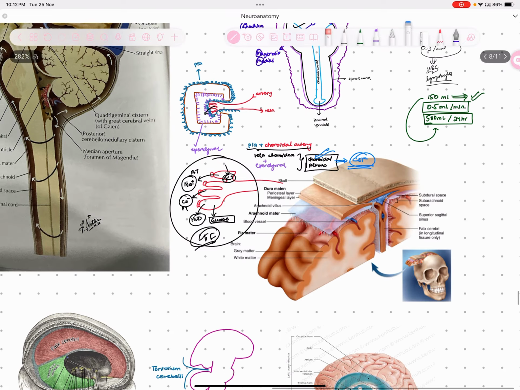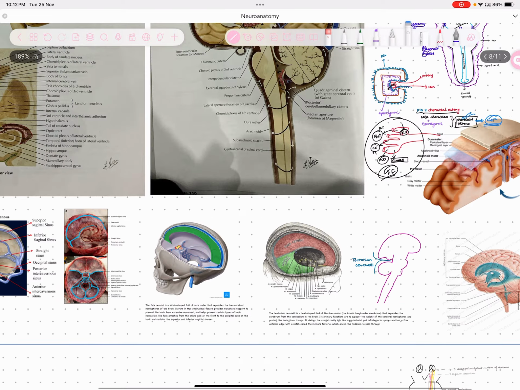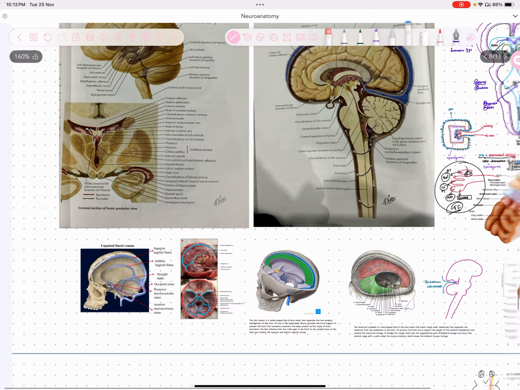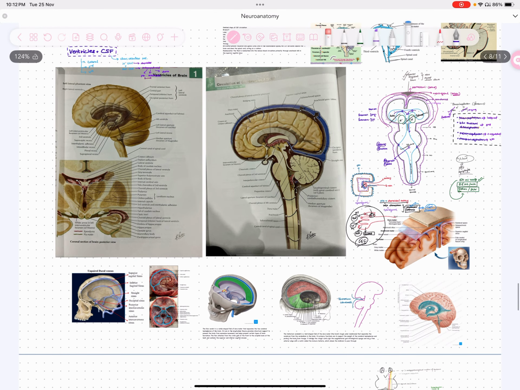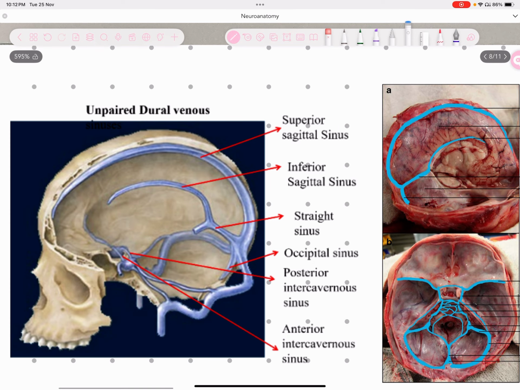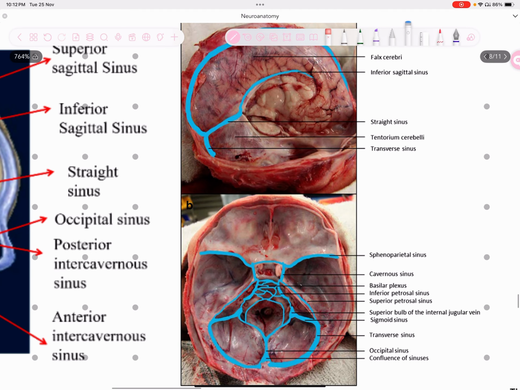So this is the image which makes it clear. And I was talking about falx cerebri and all of that, so let's clear that up quickly. Here you can see this is the superior sagittal sinus, this is the inferior sagittal sinus, and here you can see the cavernous sinus. In this diagram, you can see the cavernous sinus better.